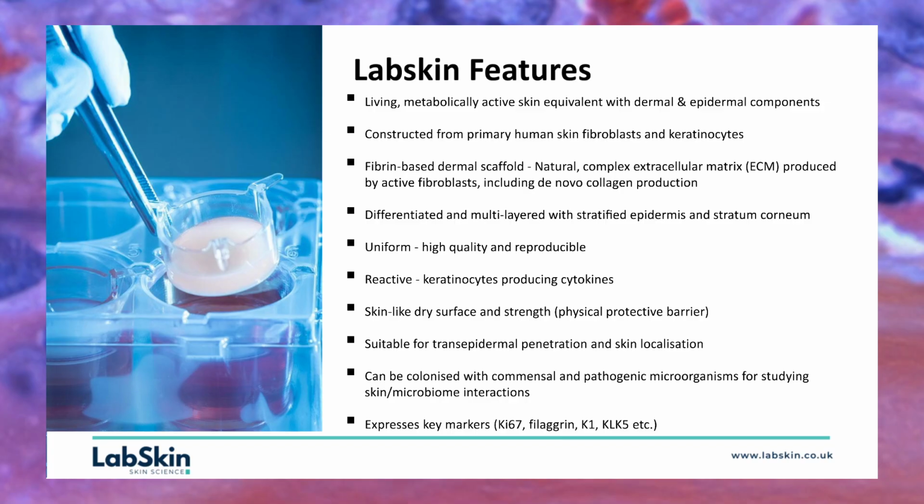And then we seed the keratinocytes onto the surface, and we create this differentiated, multi-layered stratified epidermis with a full thickness stratum corneum. We can produce the model in quite high numbers, so we get high quality and reproducible numbers for statistical analysis. And it is reactive, so the keratinocytes will produce cytokines when they encounter things they don't like.